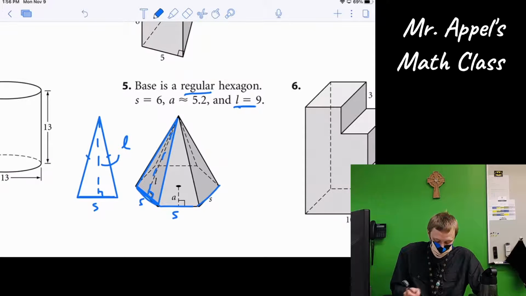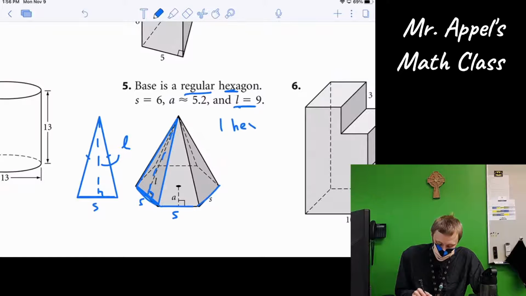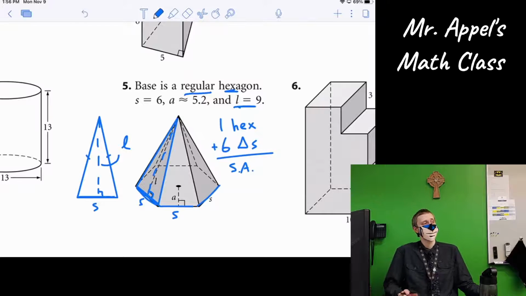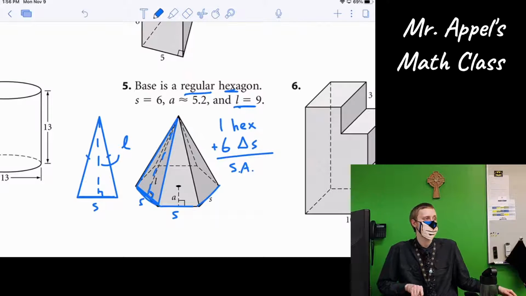But after you do that, hey, there's triangle. It's a hexagon. So we find the one hexagonal base plus the 6 triangles, add it all up, and there's my total surface area, right? Pretty straightforward. Nothing to it. Easy peasy.